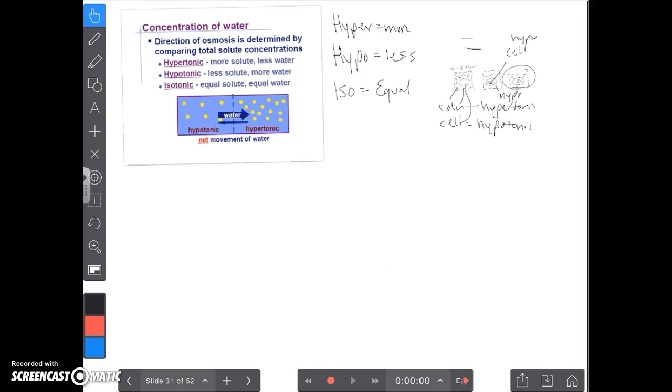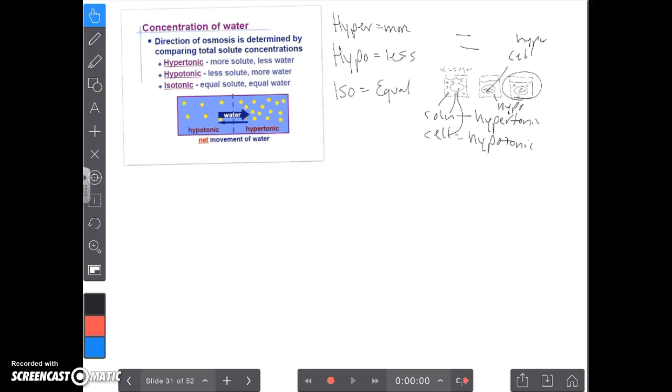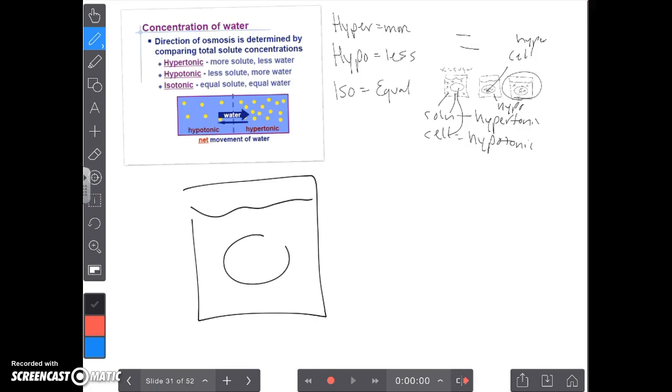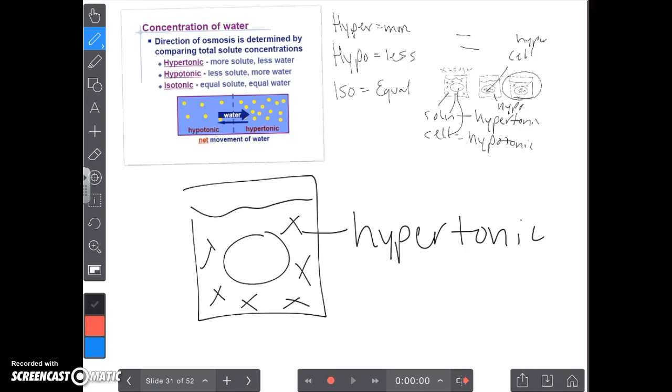Now, what can be said is, if we go back to our solution and we had a cell, I've got a lot of stuff out here. This may be hypertonic because I have more materials.